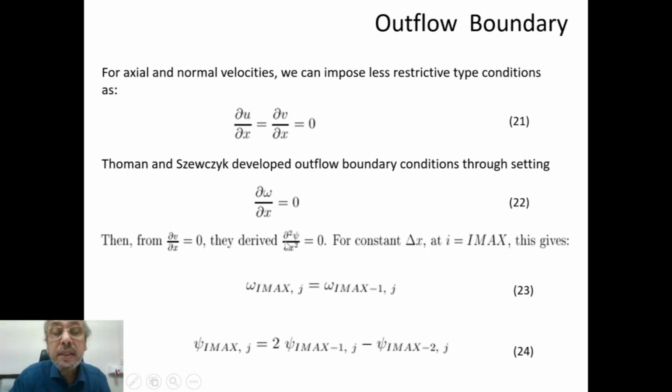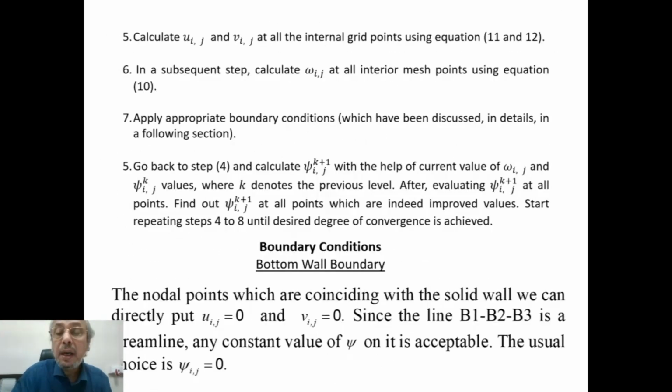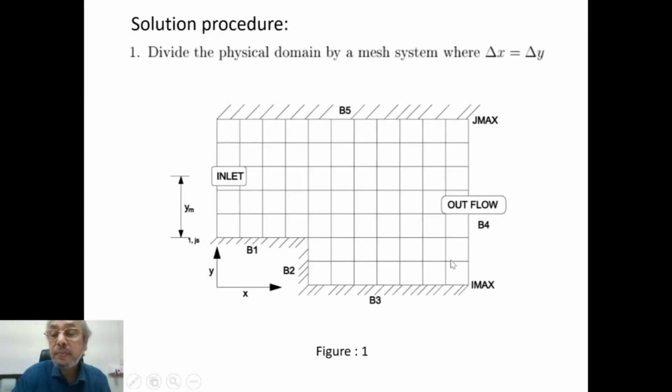And how to set del 2 psi del x2 equal to 0? We apply central difference on psi at the end point, the points at the exit boundary. That means all these points j will vary, I equal to I max, but we apply central difference.